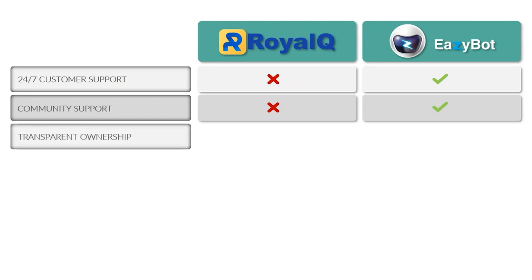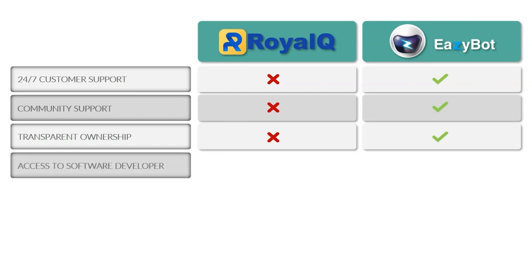Another big deciding factor, especially in the context of sharing a crypto trading bot with others, is transparent ownership of who is actually behind the company. With Royal Q, it remains anonymous. However, with EazyBot, they're fully transparent out in the open for everyone to see. For me, in terms of trust in the longevity and sustainability of a company, I like to have the owners out in front where they can be held accountable for their actions, whereas with Royal Q, we don't know who's behind the company.